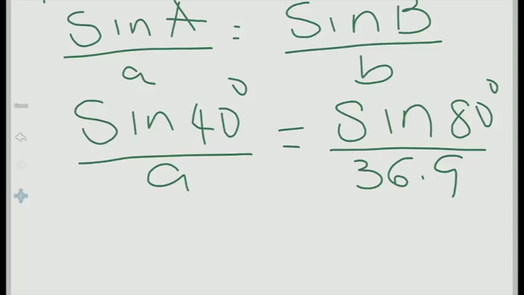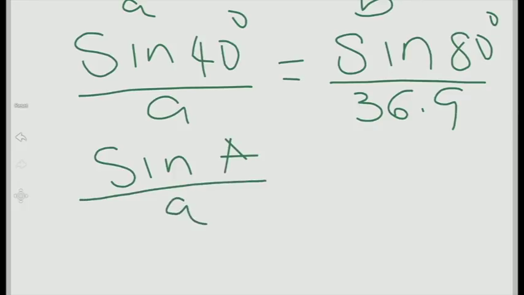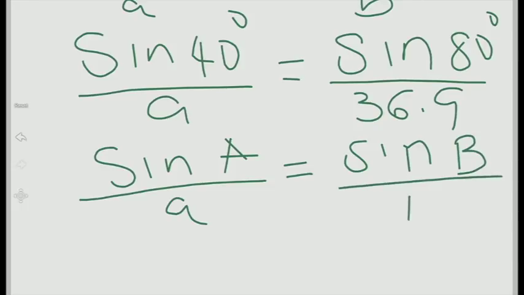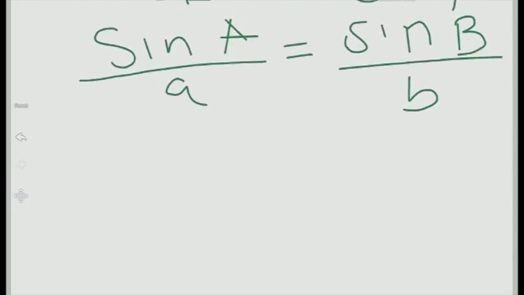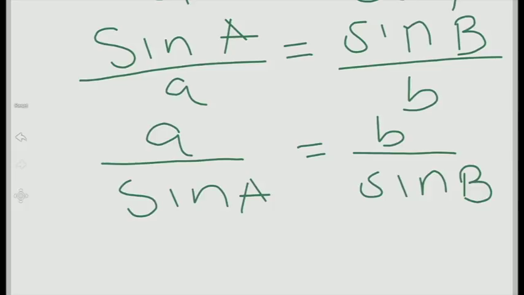An easier way of doing it is, as we know that the ratio is sine A over a equals sine B over b, this is the same as having a over sine A equals b over sine B. So if you are looking for an unknown using the sine formula, it is advisable to have the one you are looking for on top.